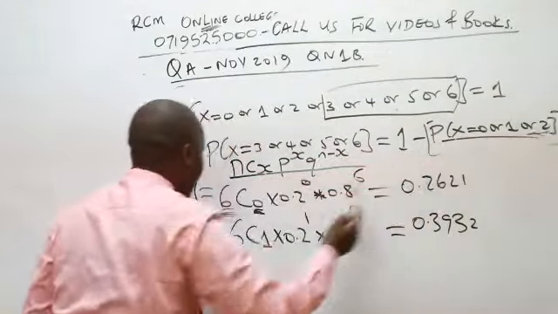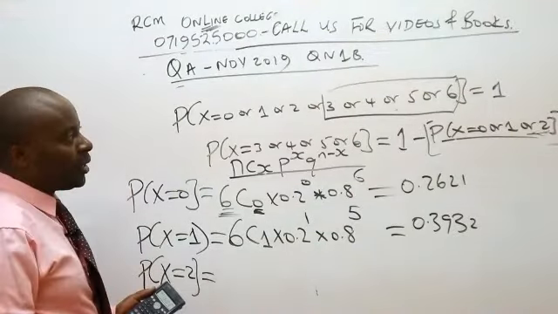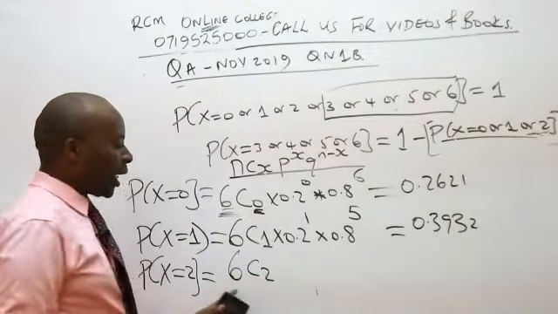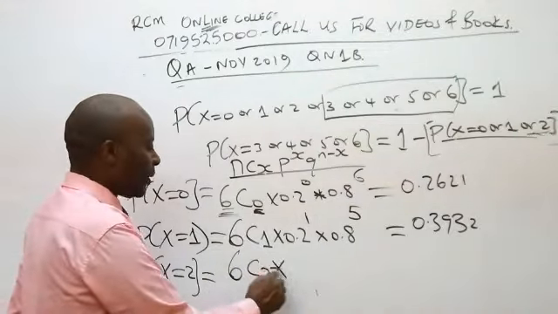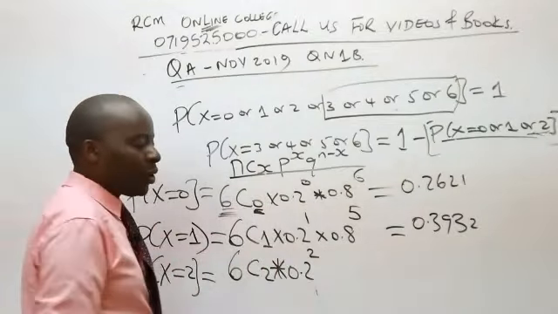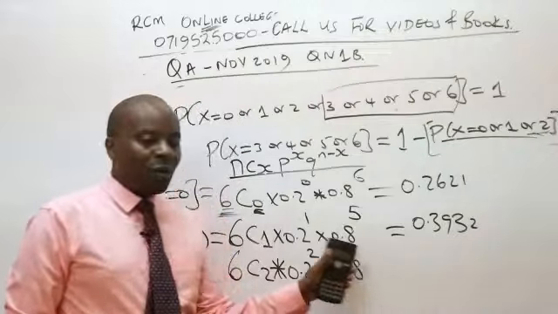From there, ladies and gentlemen, we have the last event. The last event is the probability of X being equal to 2. It will go like this: 6 combinations 2 times 0.2 raised to power 2 times 0.8 raised to our new power here.